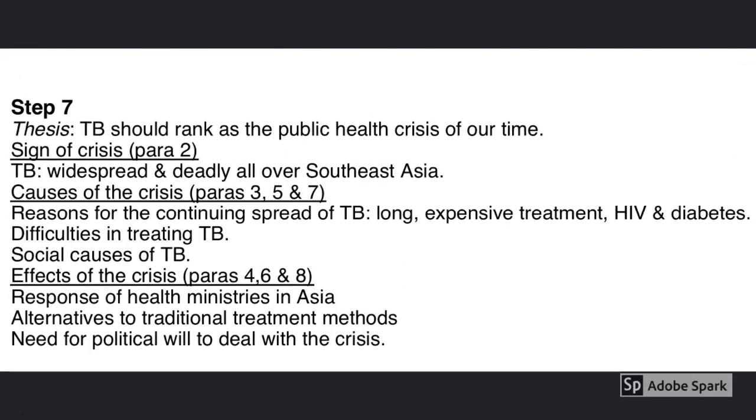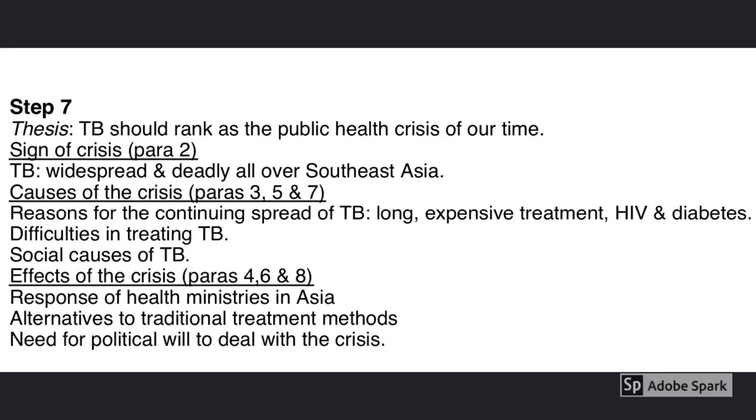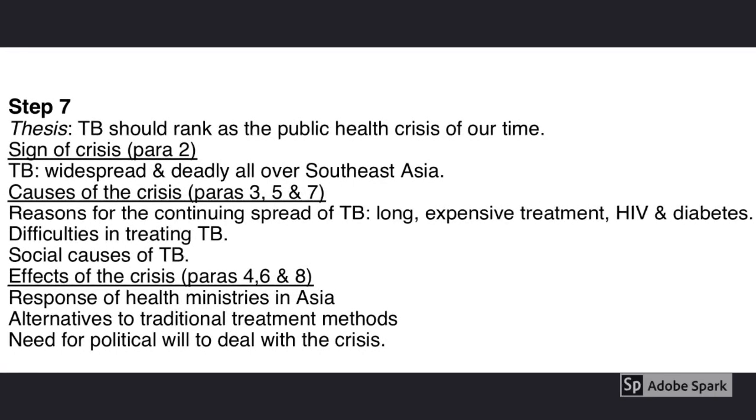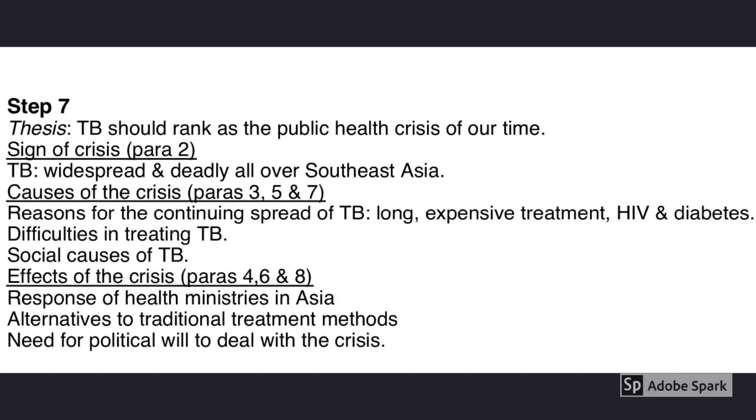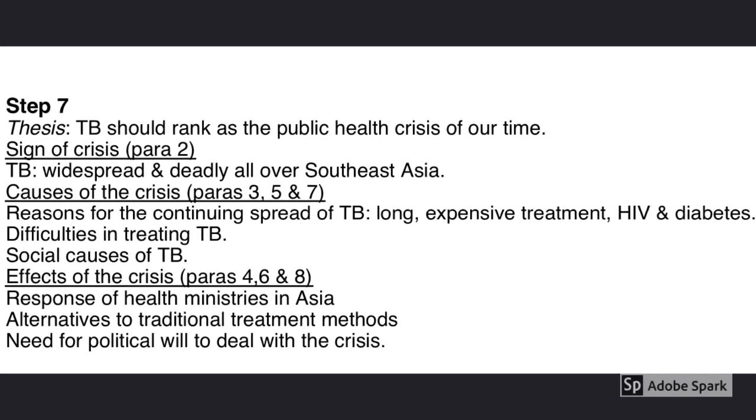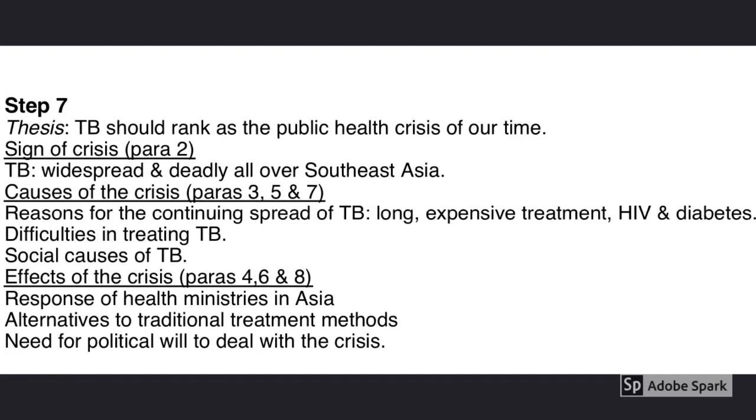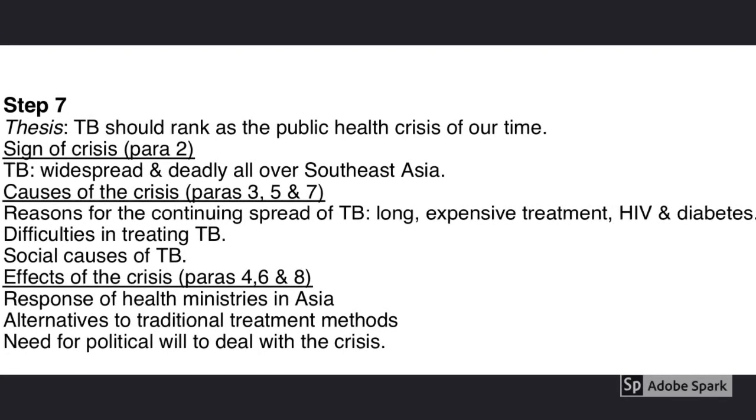So if we put all of it together in step 7, we write the thesis, then we write the sign of crisis, then we write the causes of the crisis, and then we write the effects of the crisis. The thesis, remember, don't forget, is that TB should rank as the public health crisis of our time.